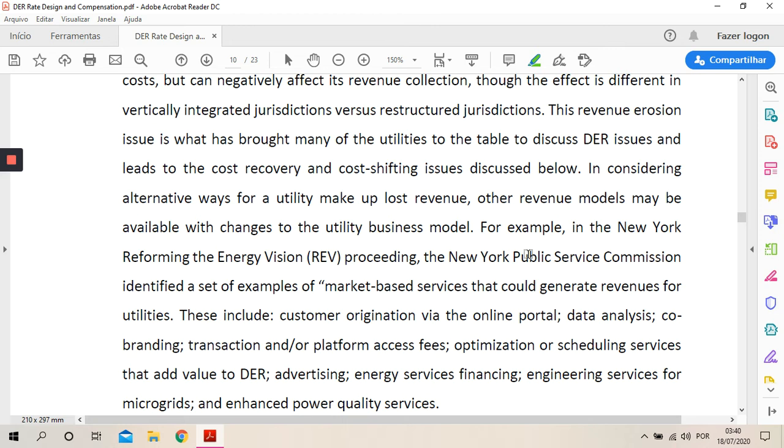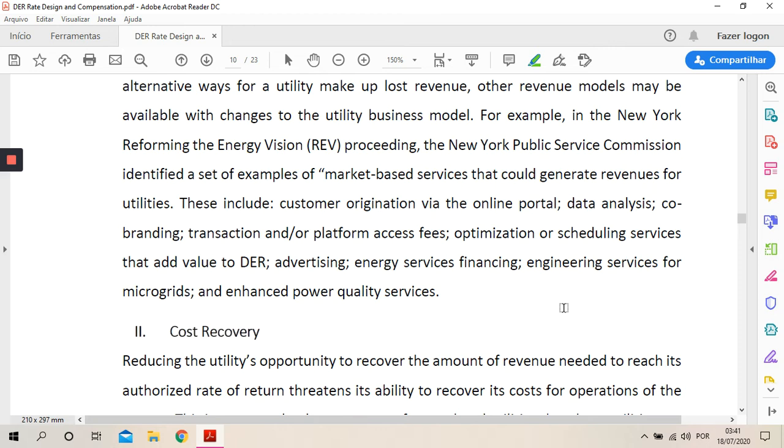In considering alternative ways for utilities to make up lost revenue, other revenue models may be available with changes to the utility business model. For example, in the New York Reforming the Energy Vision proceeding, the New York Public Service Commission identified a set of examples of market-based services that could generate revenues for utilities.